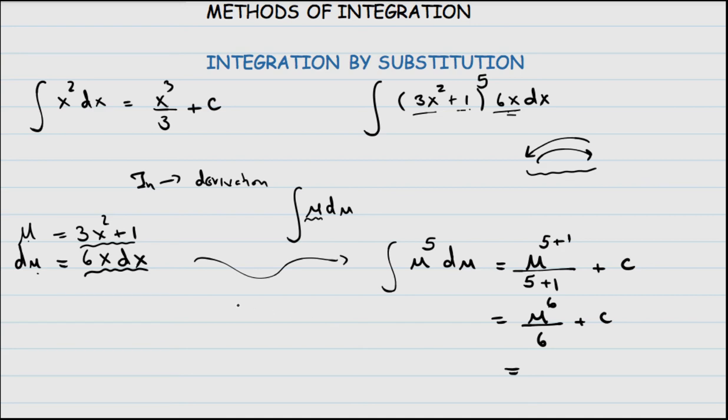In this case, we don't have du because we have now found the result. So instead of writing u, we write 3x squared plus 1, raised to 6, divided by 6, plus c, and this is the result we have.